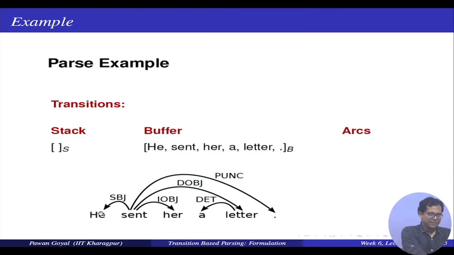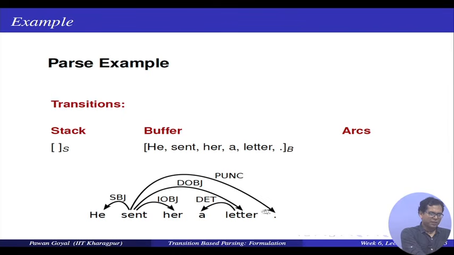Now, once you are given the sentence and its actual dependency parse that you want to obtain, you have to find out what are the transitions that you should be taking at each intermediate or initial configuration, so that you can end up with the dependency graph. So, let us do this exercise. So, here this is my sentence, he sent her a letter, and there is also a punctuation mark. How do we start? Find out what is the initial configuration.